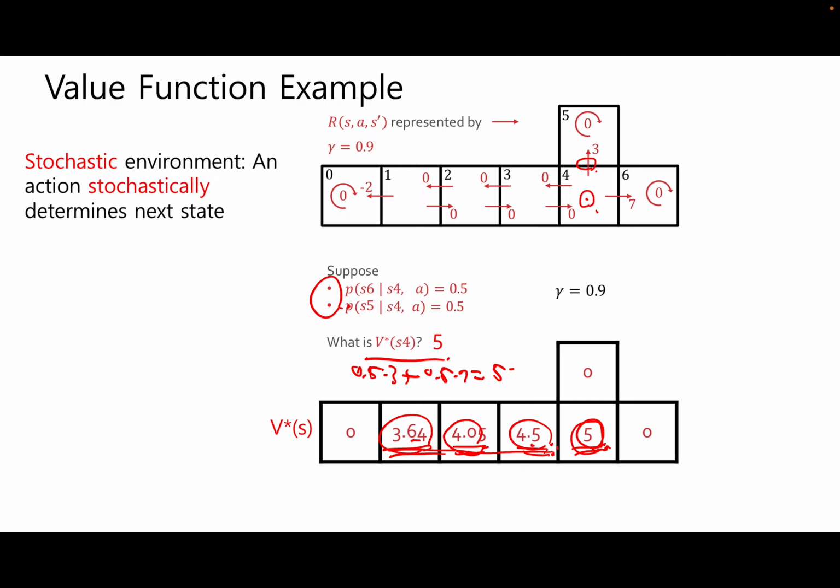Of course, we can assume all states are stochastic as well, but that makes the problem much more difficult, too difficult for the first exercise. So for this exercise, we assume the remaining states are deterministic, and this state is the only stochastic state.